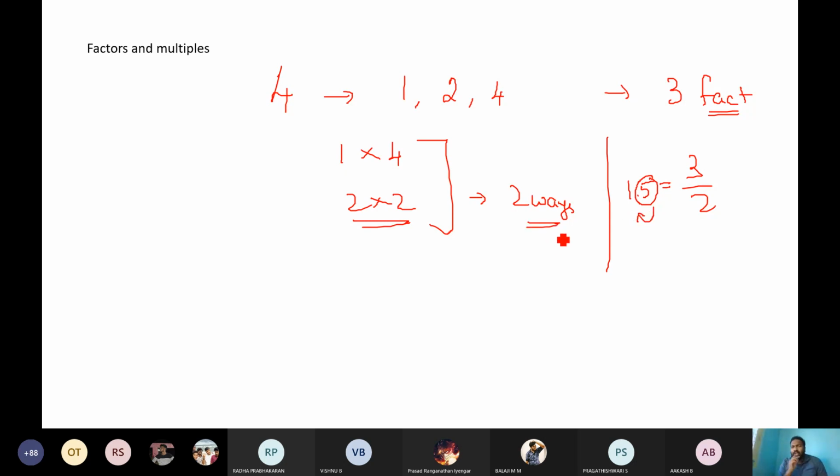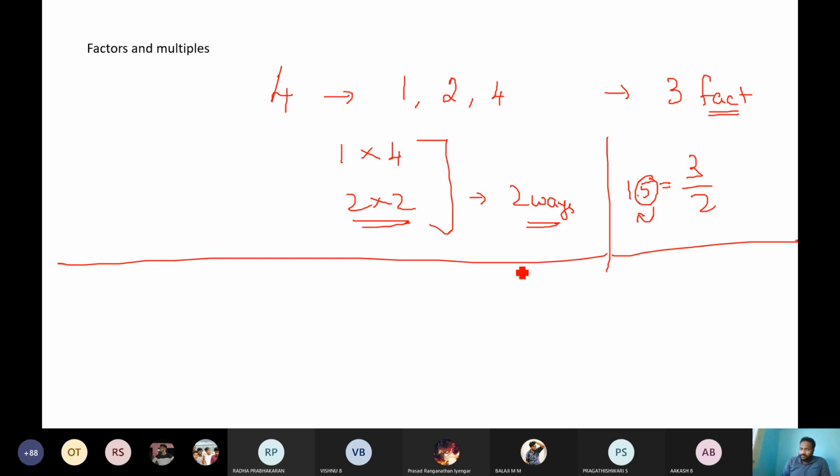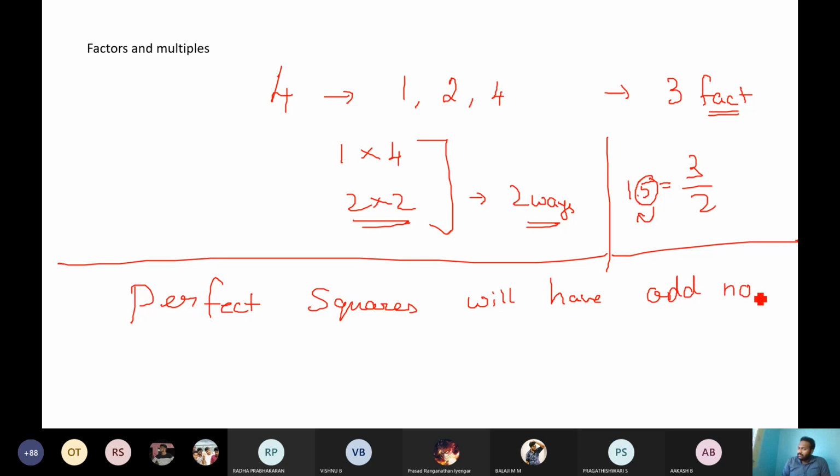Sir, why am I getting an odd number of factors? So here is the fact. Remember, perfect squares will have an odd number of factors.